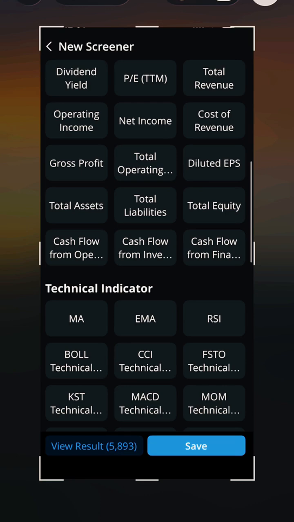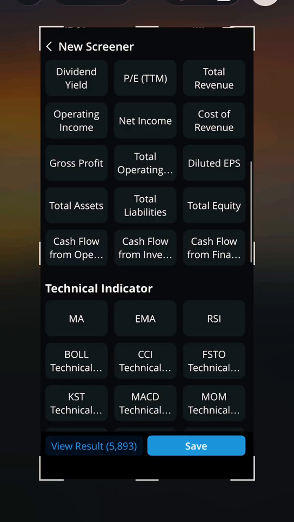Now we're going to move forward to the cash flow from operating, investing, and financing. We already went over the operating income. We went over gross profit. We went over cost of revenue.